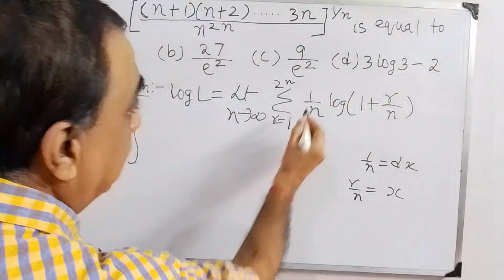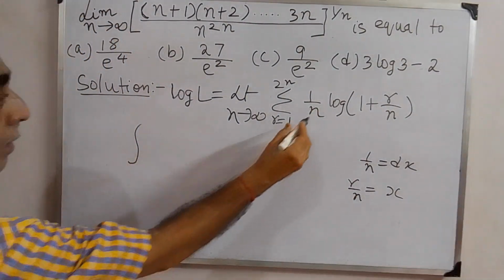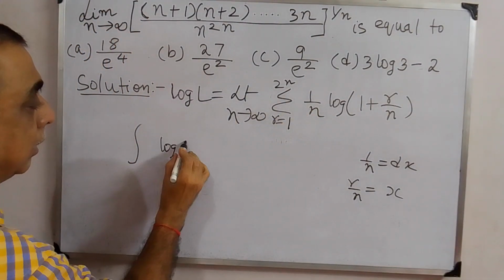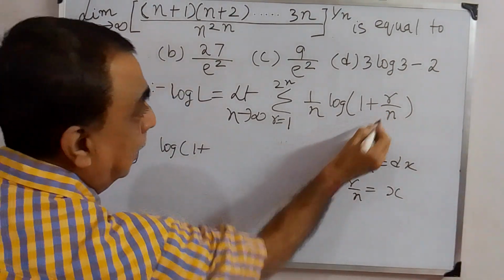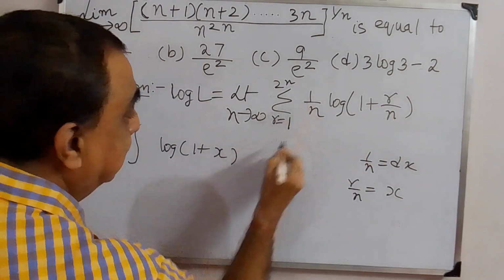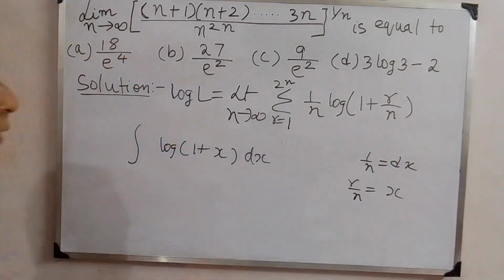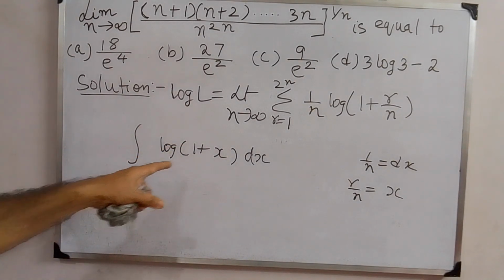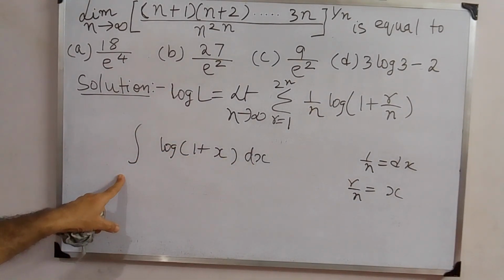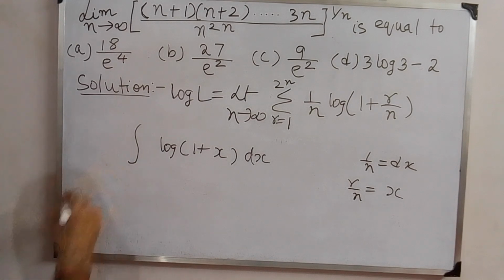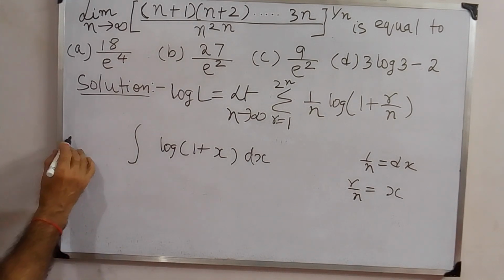So here this will become log of 1 plus x, and 1 by n is changed into dx. Now what will be the limits? What will the lower limit of this integration be?